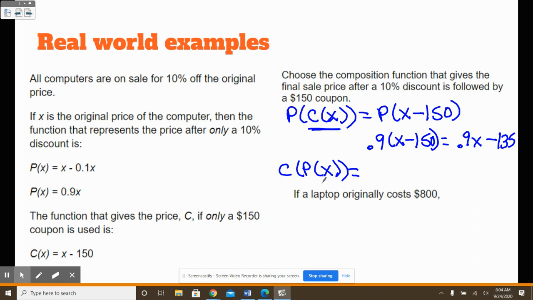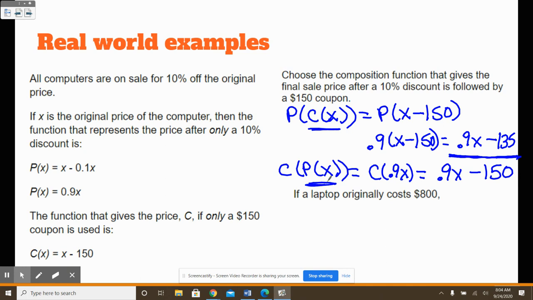What if you do the percent first? That would be c of 0.9x. Go to function c, plug in 0.9x where you see the x. It's 0.9x minus 150. So if the coupon happens first, you plug it into this.